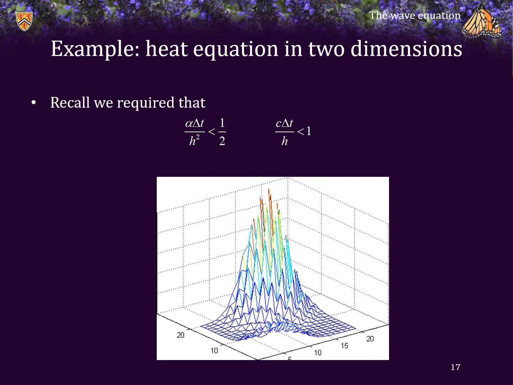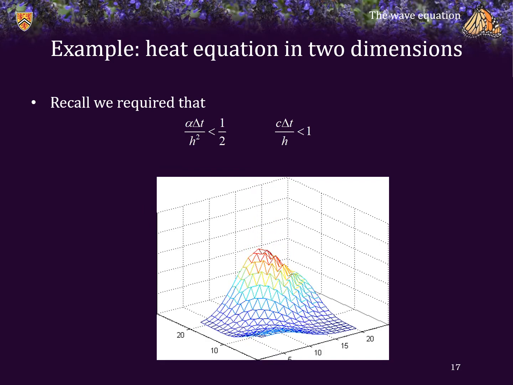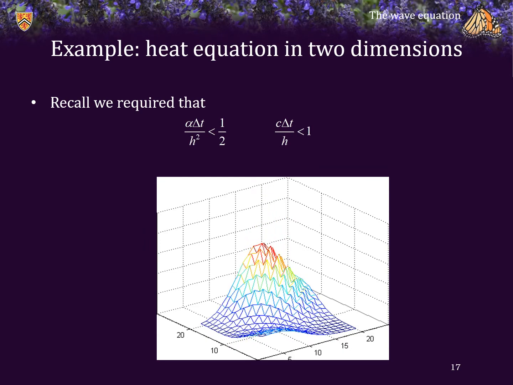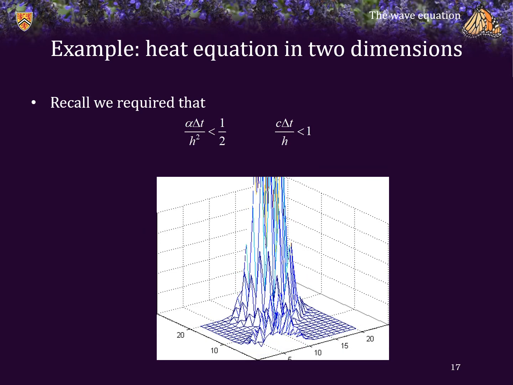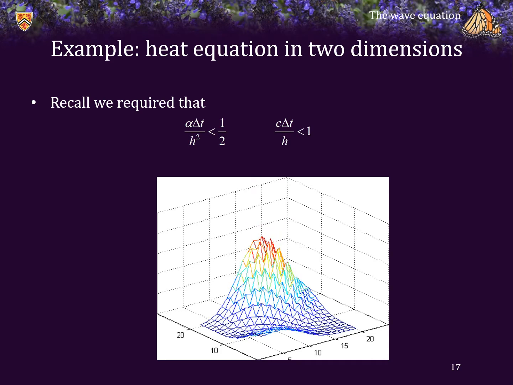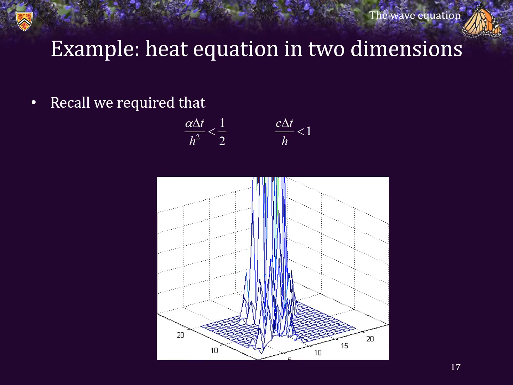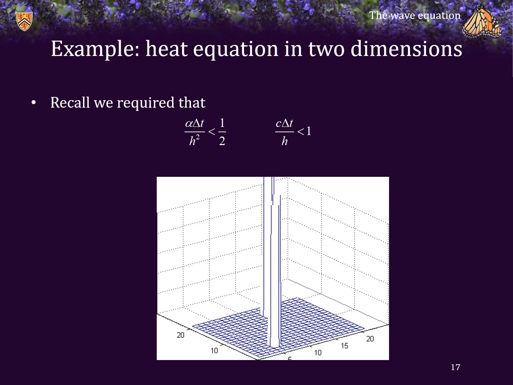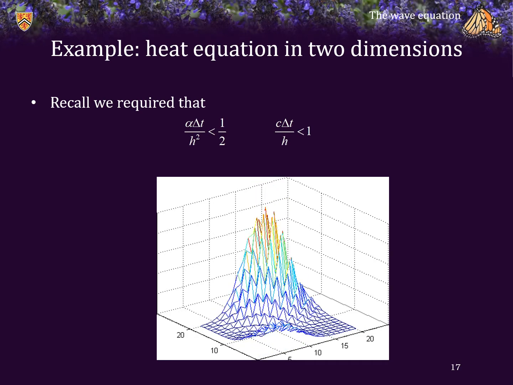Now you'll recall that previously we pointed out that we require that alpha delta T over h squared is less than 1/2 for the heat equation, and C delta T over h must be less than 1 for the wave equation. But even if it's close to this value, well, it will converge to the solution.